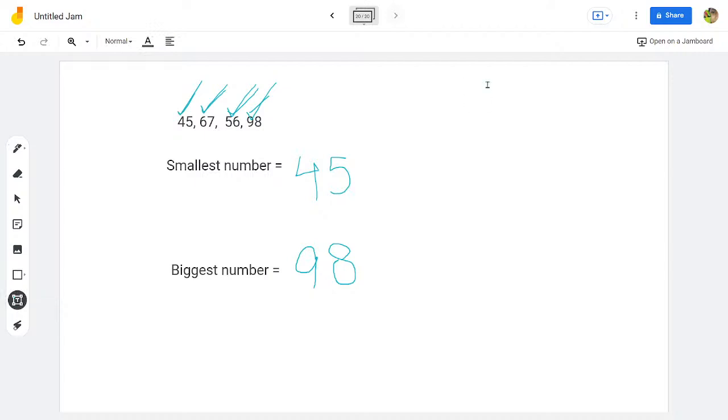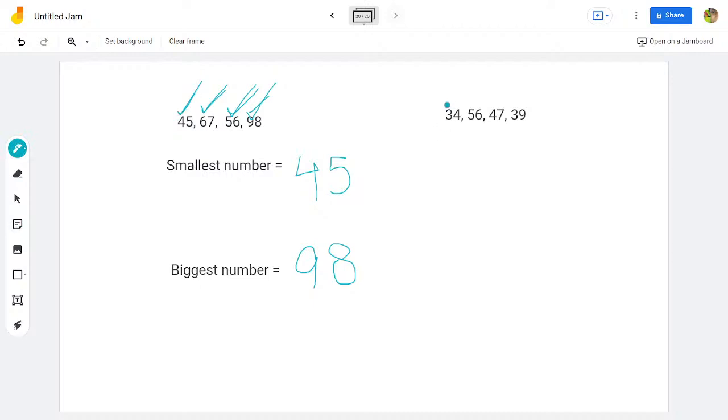Now let's take another set of 4 numbers, 34, 56, 47 and 39. Another set of 4 numbers. Now let's try comparing these 4 numbers.